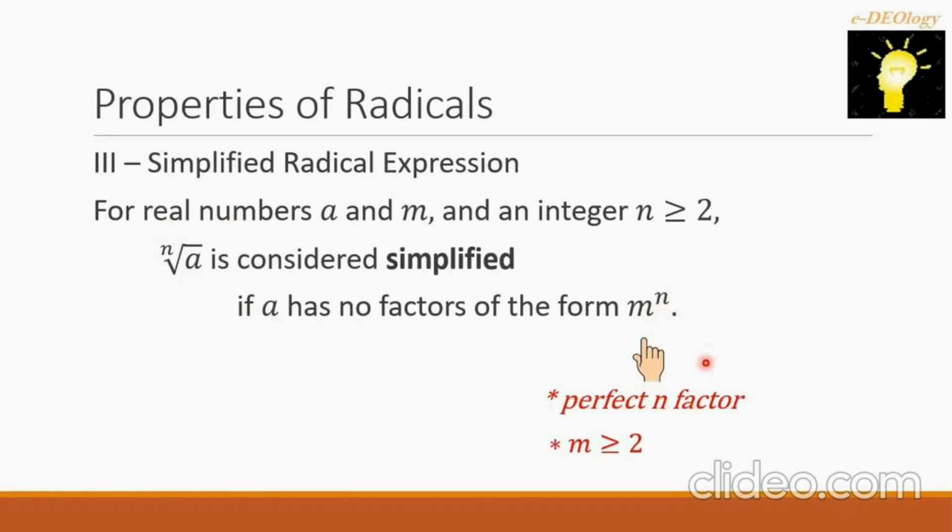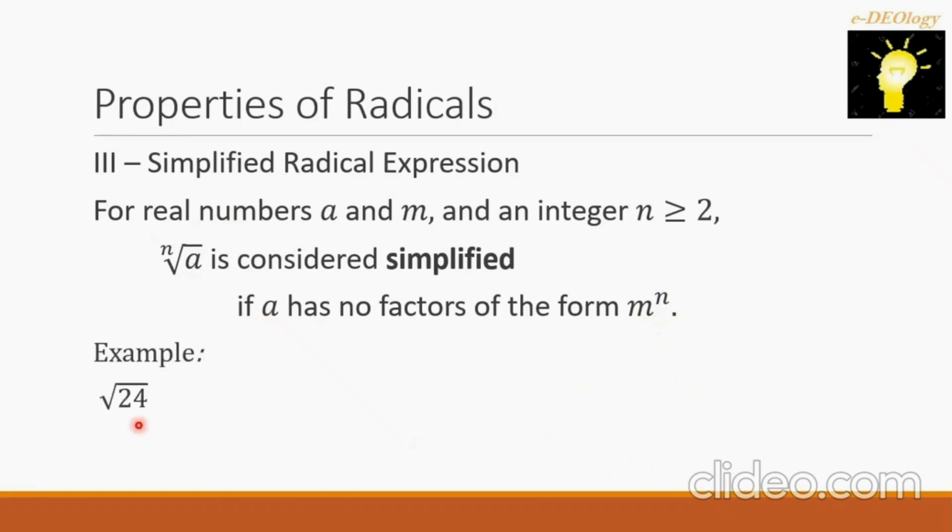Another note here is that this m raised to n is a perfect nth power factor of a. Another consideration is that the m, or the base here, should be greater than or equal to 2.